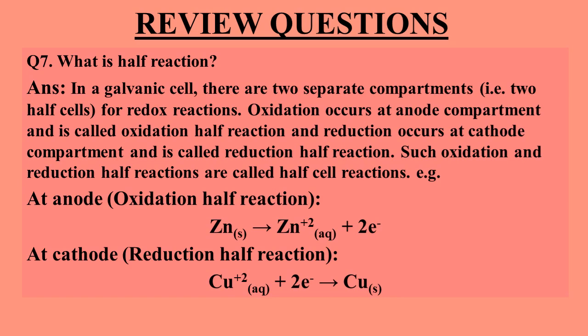While at the cathode, the reduction half reaction occurs, meaning the metal present at the cathode gains electrons. Here, the copper ions are gaining 2 electrons and changing into copper metal, meaning copper is gaining electrons and is reduced during this reduction half reaction.